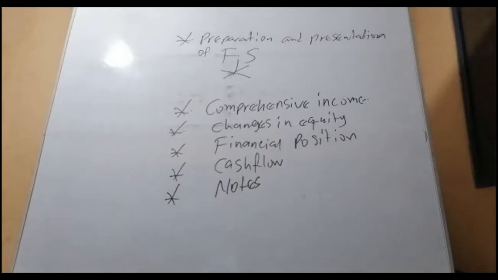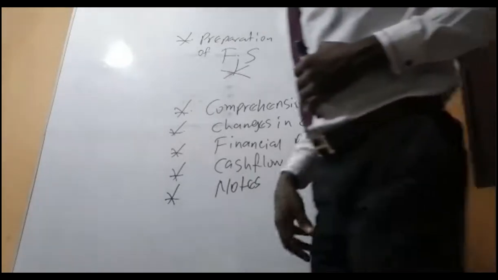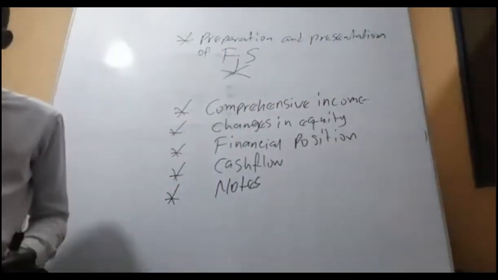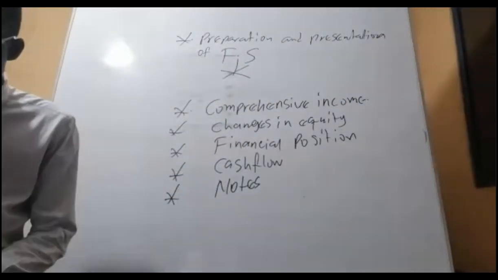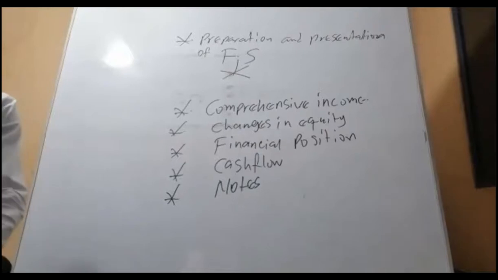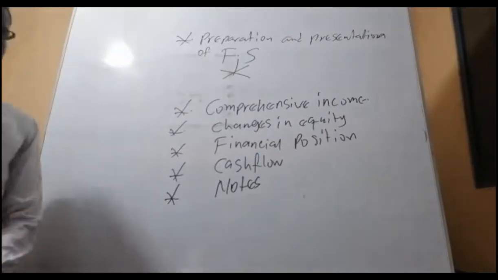Good. Now, if you pick a complete set of financial statements of every published account or company, you will find these five key items in it. So when you pick a complete set of financial statements, it should comprise these five items.